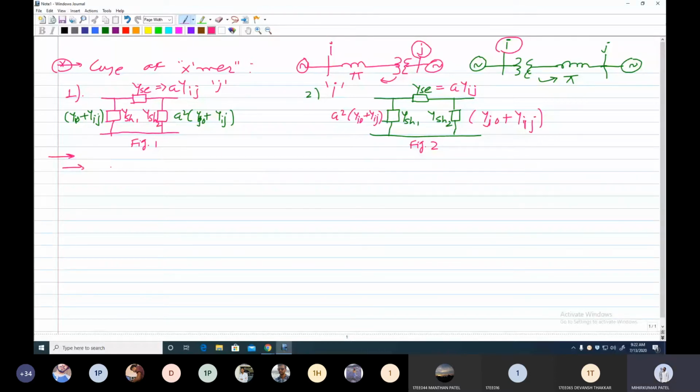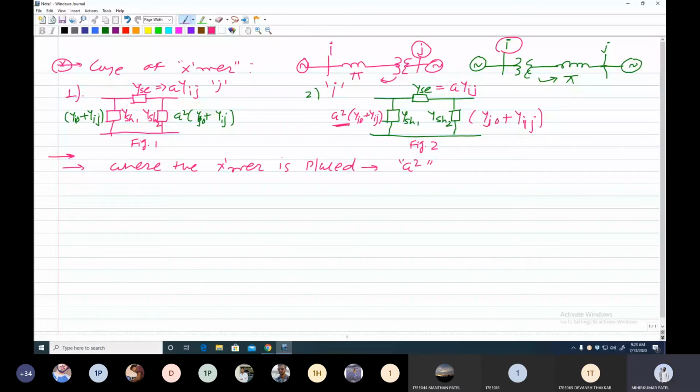Here, can I say that where the transformer is placed, you will get the equation of A square term. Clear? You can see here the transformer is placed at the ith bus, so at the ith bus you will get the equation of A square.